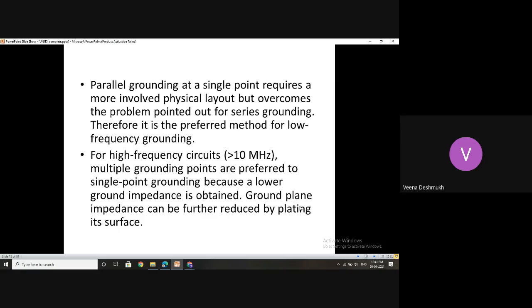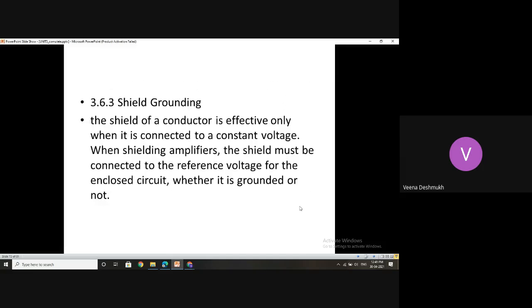Now to further overcome these high frequency issues, another mechanism known as shield grounding is adopted. Now what is this shield grounding? Usually, a part of the conductor, if it is a long wire or something, is shielded with another conductor or covered with another conductor, and the shield is maintained at some reference potential.